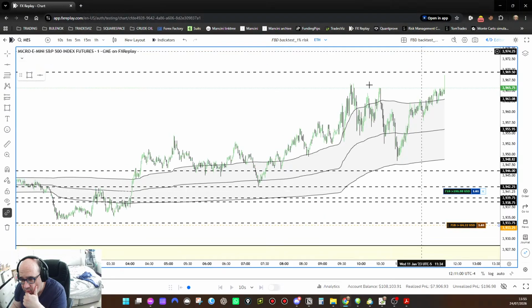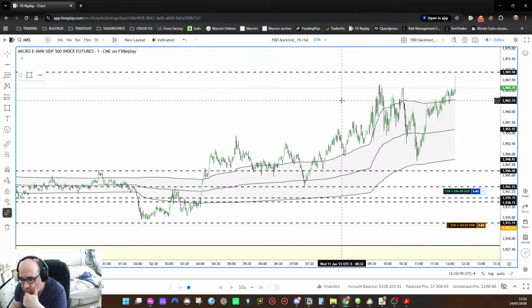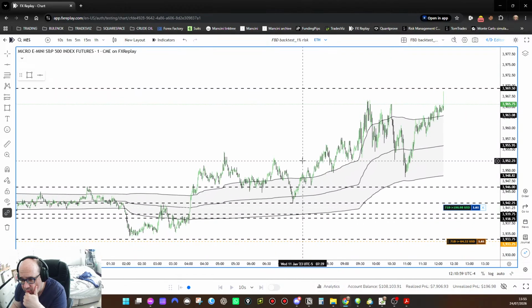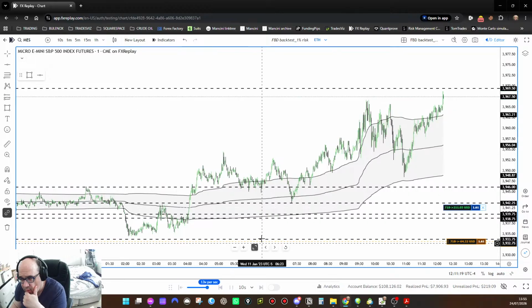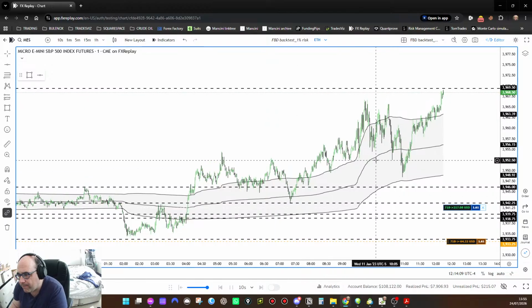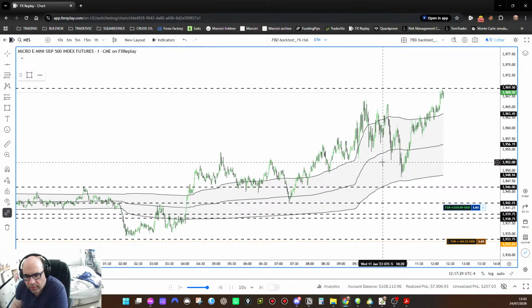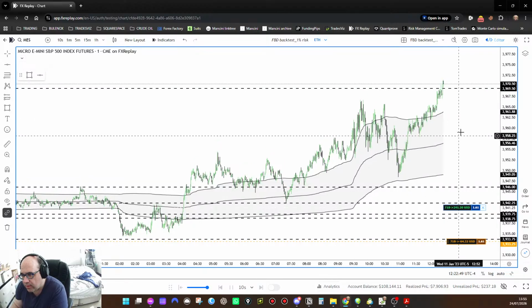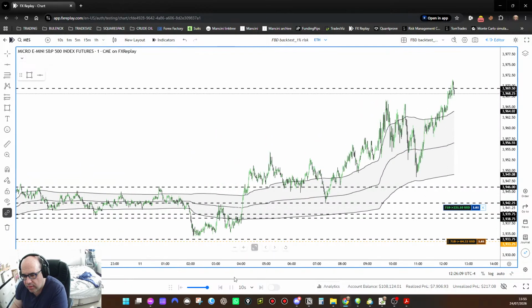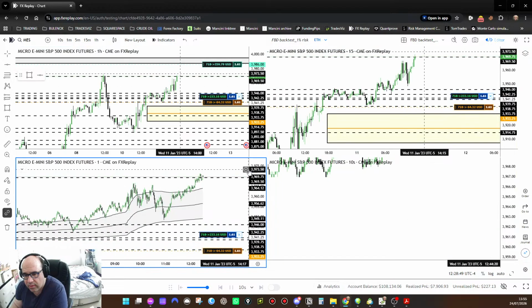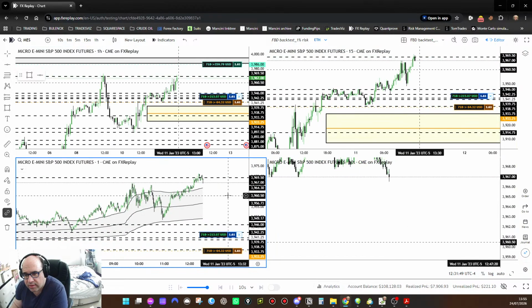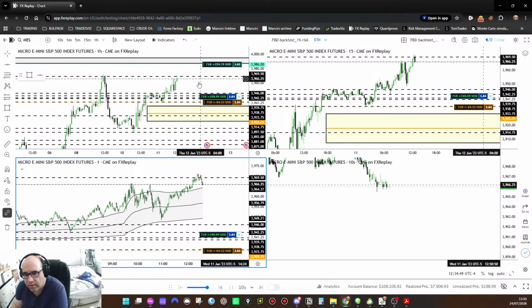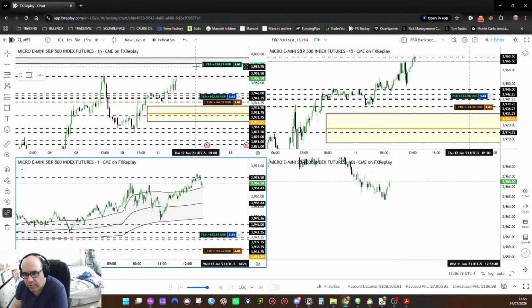Nicely done. Now, just curious to leave the runner and see how it's going to play out. So we leave the runner here. Let's see if we're going to hit the second TP, which is up there.